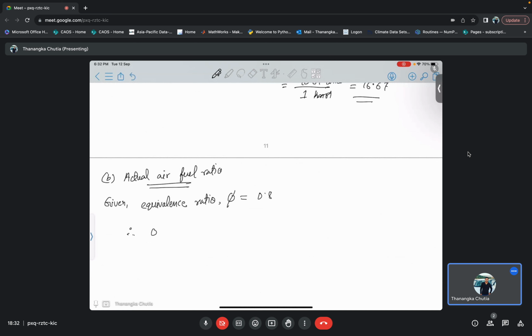And also we know that phi is equal to air fuel ratio stoichiometric divided by air fuel ratio actual.